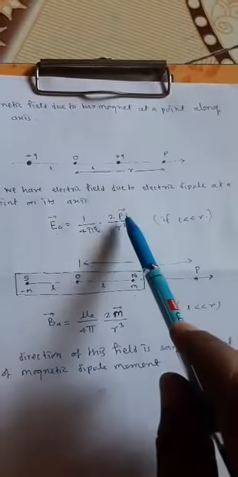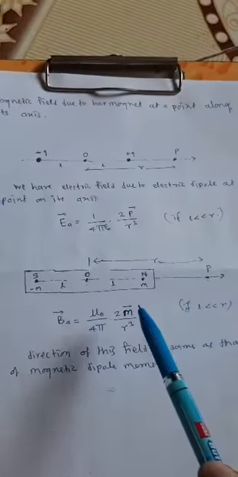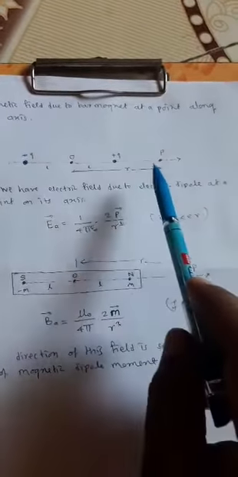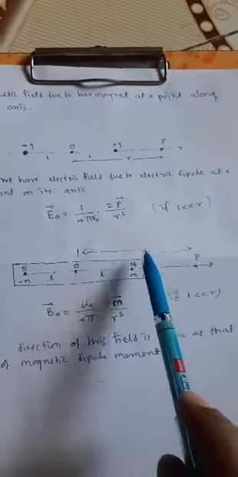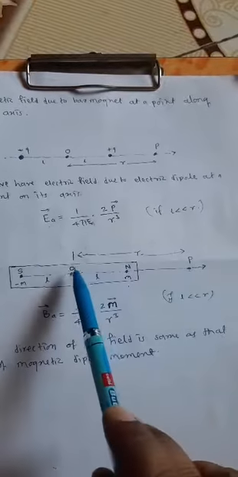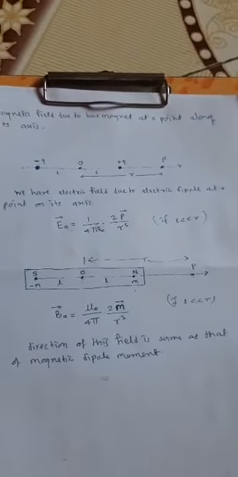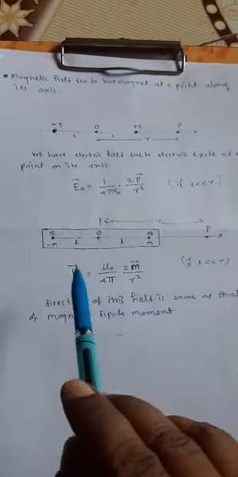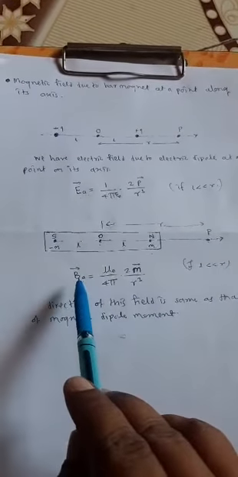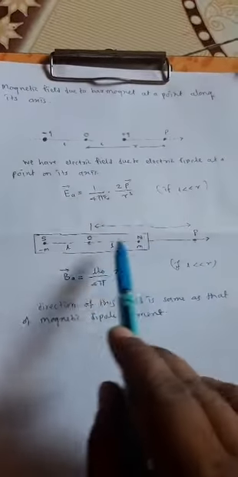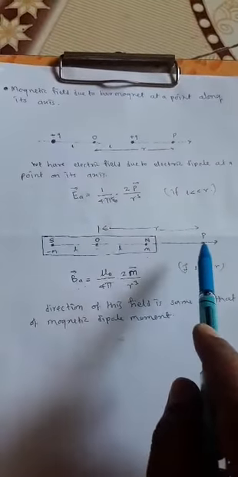Electric dipole moment is denoted by p and magnetic dipole moment is denoted by M. And r is the distance of the point P from the center of the electric dipole. Here r is the distance of the point P from the center of the bar magnet or magnetic dipole. This is the expression for magnetic field at a point which is situated on the axis of the bar magnet.